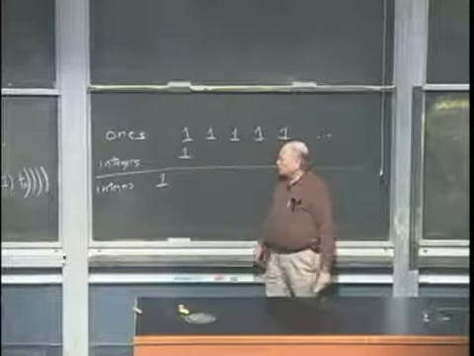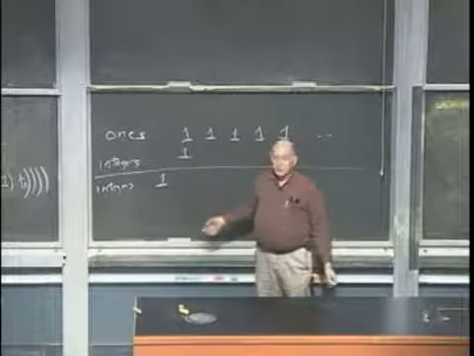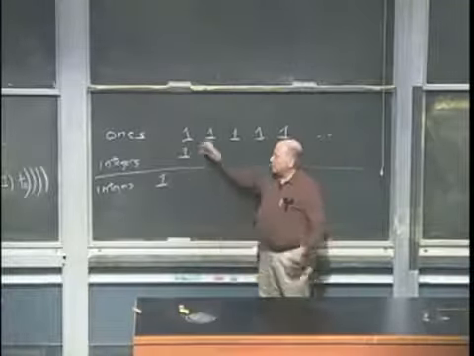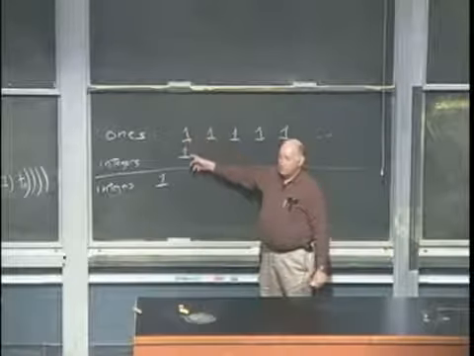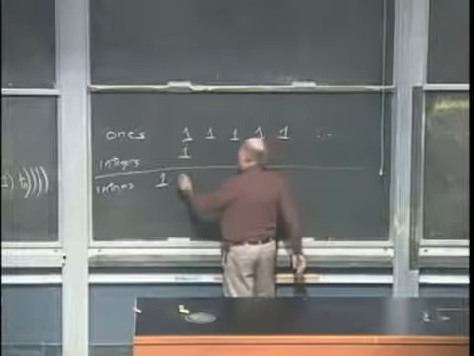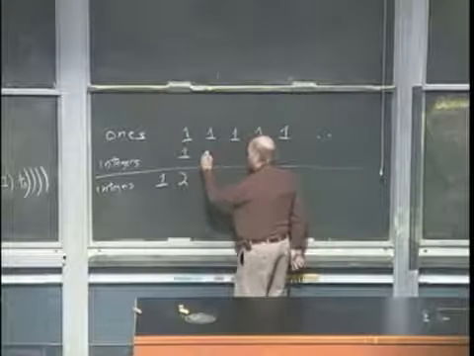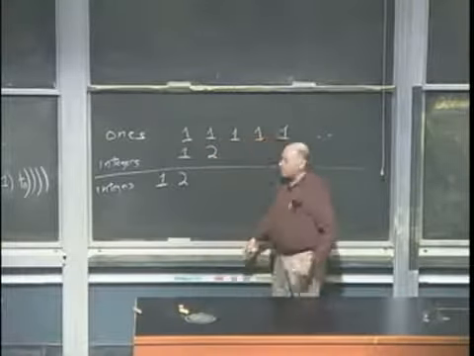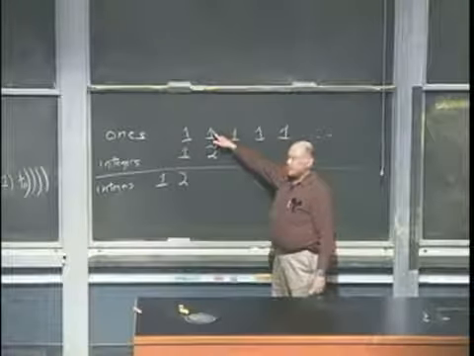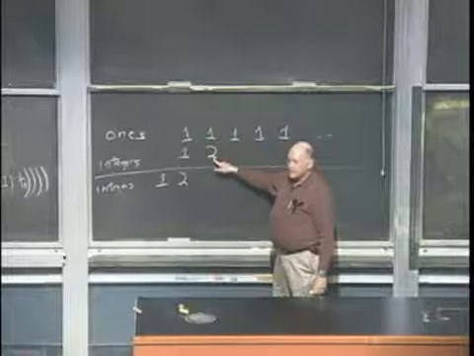Because what's the second number in integers? Well, it's the stream-car of 1 plus the stream-car of integers. And that's 2. Oh, what's the third number in integers? It's the second 1 plus the second integer.